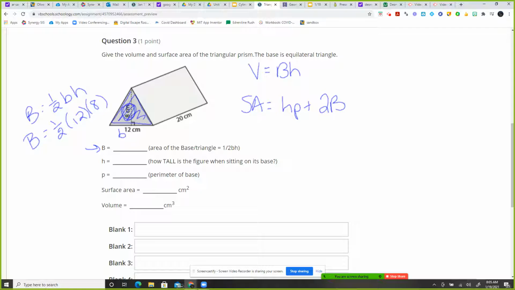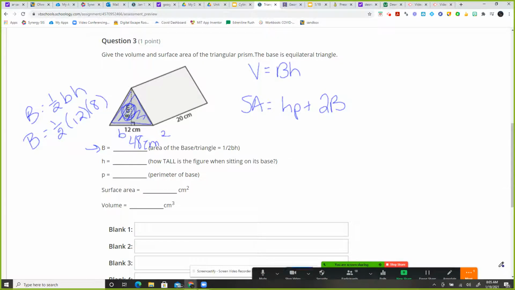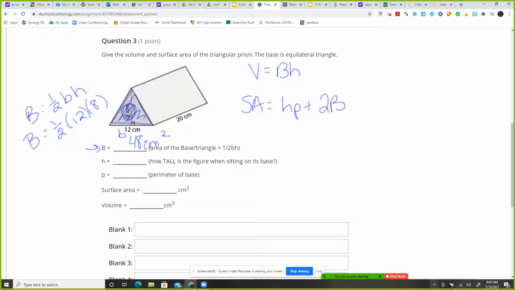Did anybody get 48? Check my answers because you know sometimes I go crazy. Yeah, okay. And then how tall is the figure when it's sitting on its base? That's going to be the 20 again.